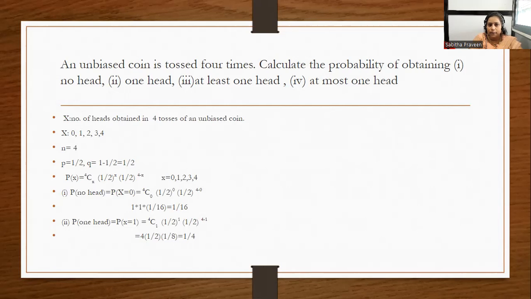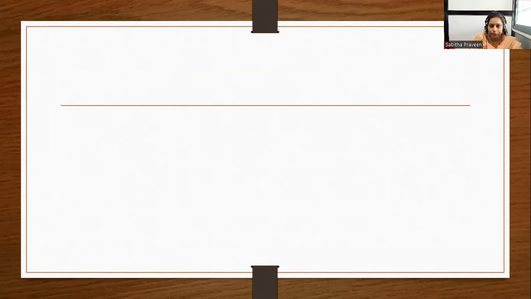The next question is about at least one head, the probability of getting at least one head. Probability of at least one head means a minimum of one head is required. Symbolically, we can represent it as P of x greater than or equal to 1, which means x takes the values 1, 2, 3, 4.